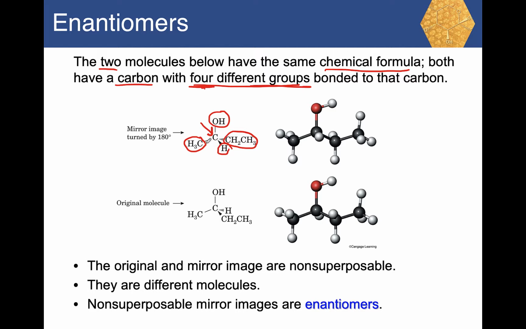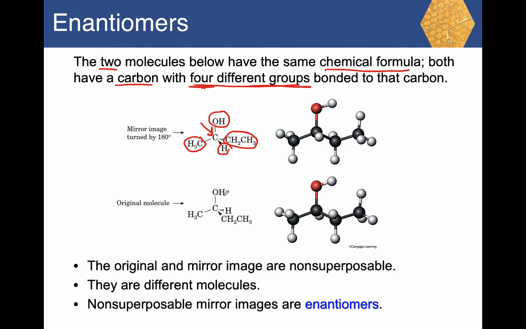So therefore that carbon is described as a stereogenic carbon. Let's look at the other molecule. It also has 4 different groups: OH, CH3, C2H5, and a hydrogen. So this is the stereogenic carbon.